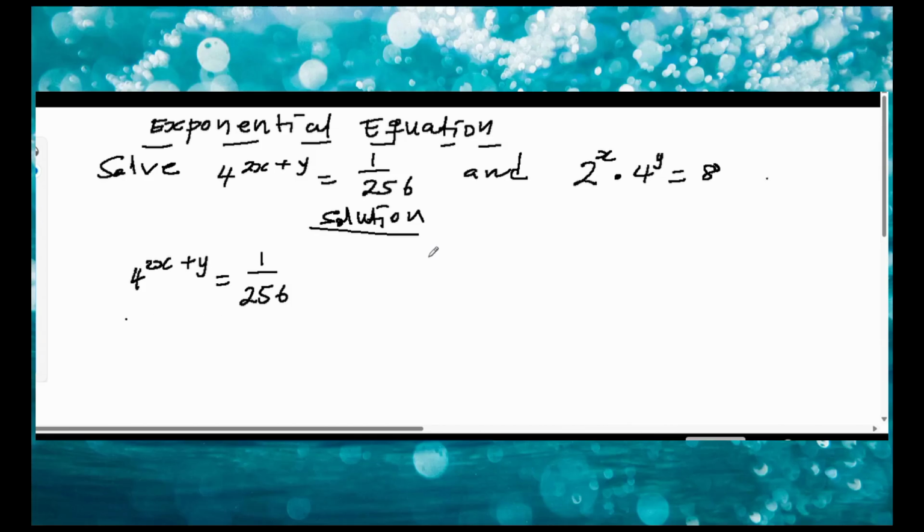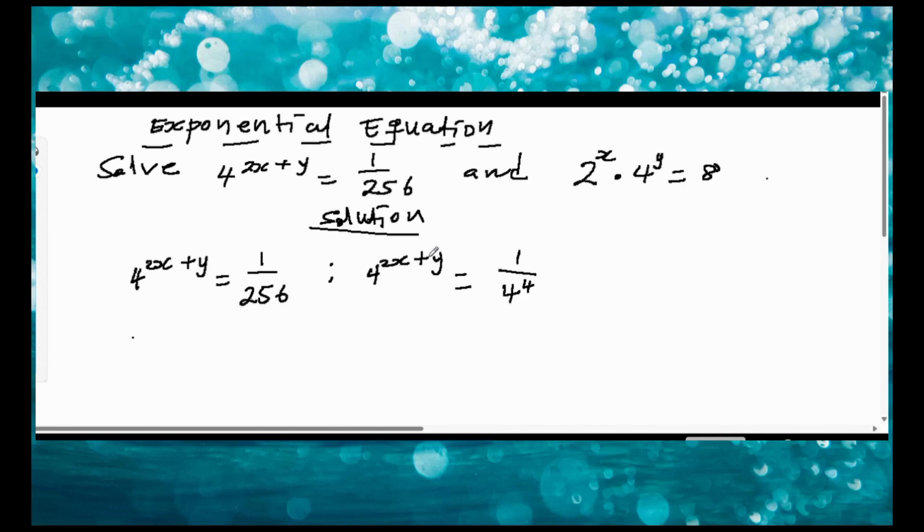This could be written as 4 raised to the power 2x plus y equal to 1 all over 4 raised to the power 4. You know, 4 raised to the power 4 means multiplying 4 by itself 4 times, and that's going to give you 256.